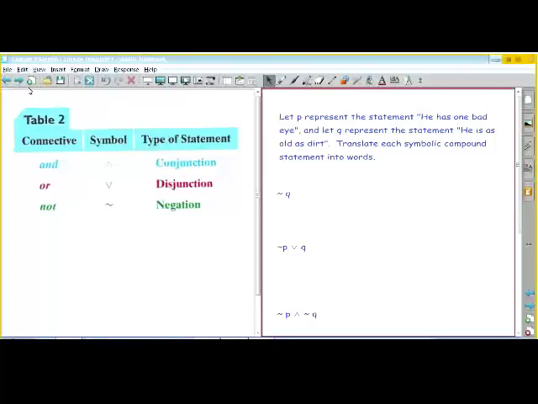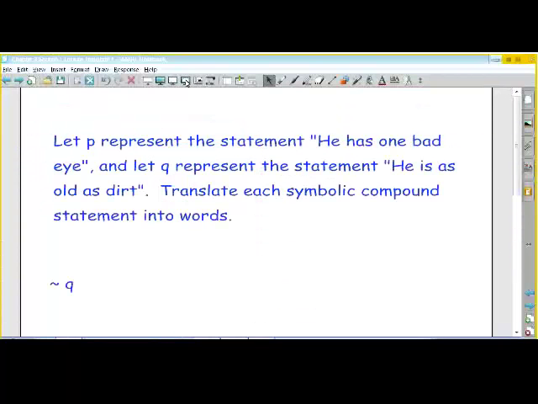So what we have here is a tilde, which stands for negation, and Q, which stands for the statement, he is as old as dirt. So this logic statement represents the negation of statement Q. We have to look at statement Q and add a not if appropriate.